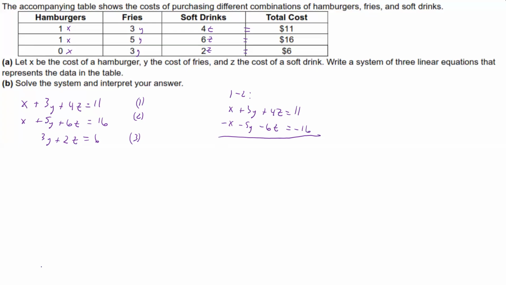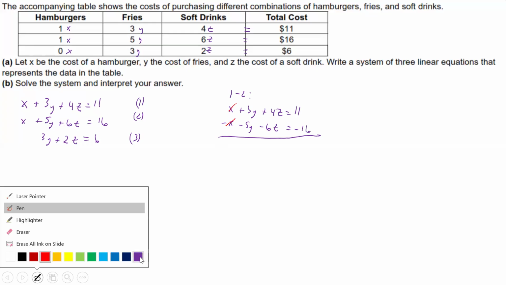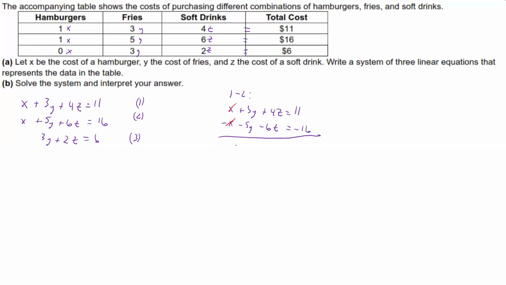The x's cancel, which is good. Now 3 minus 5 is minus 2y, 4 minus 6 is minus 2z, and 11 minus 16 is minus 5. Let's call that A.